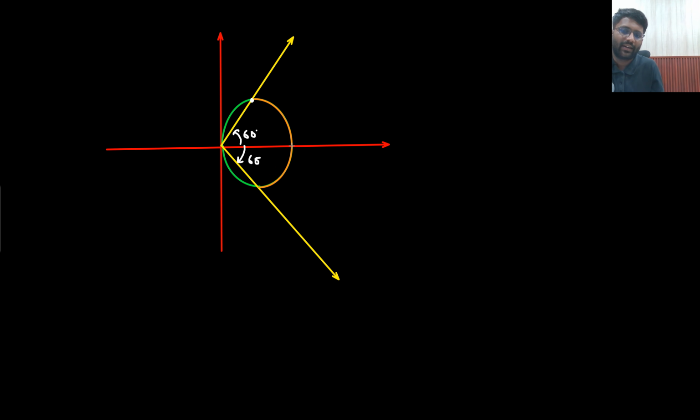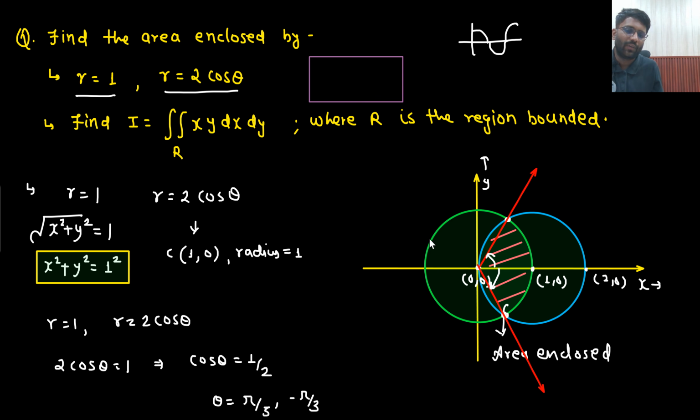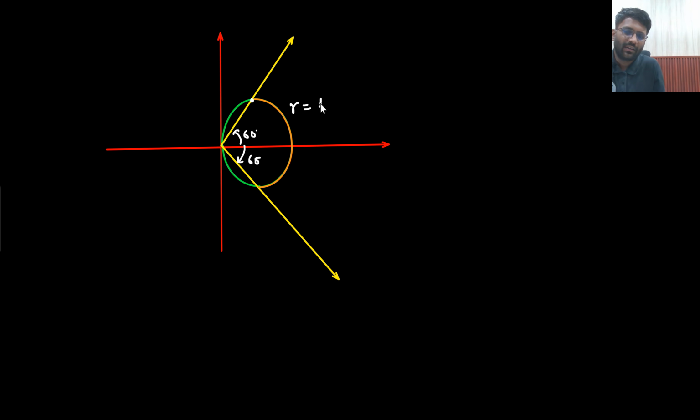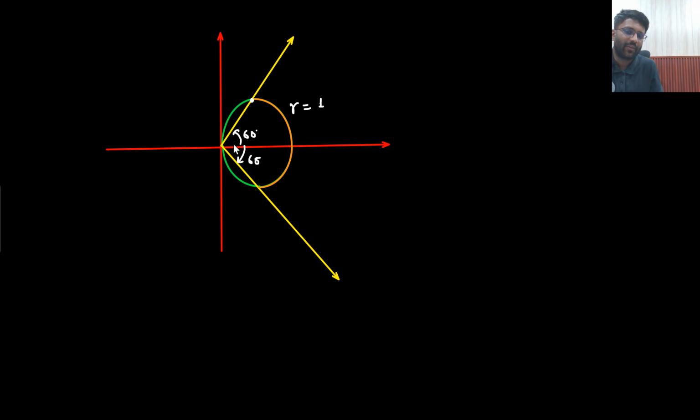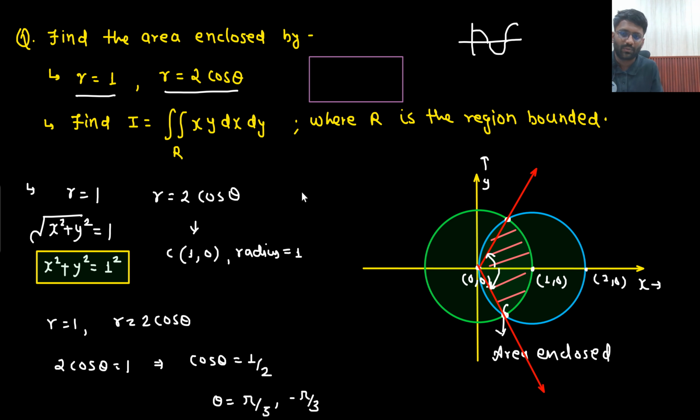So what is the value of r on this boundary? The value of r on this boundary is 1. And after that, this blue color is there, no? So what is the value of r on this blue boundary? The value of r on this boundary is r equals 2 cos theta.